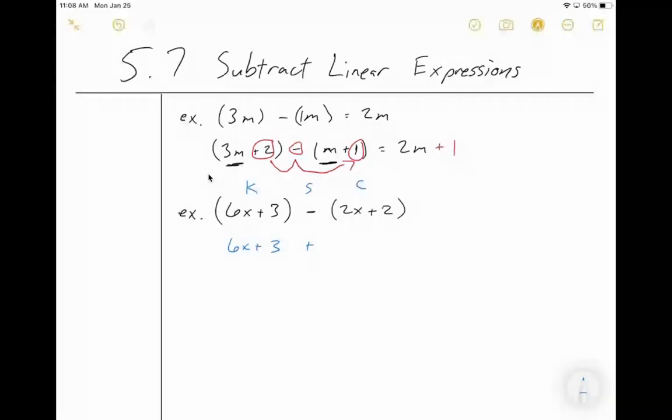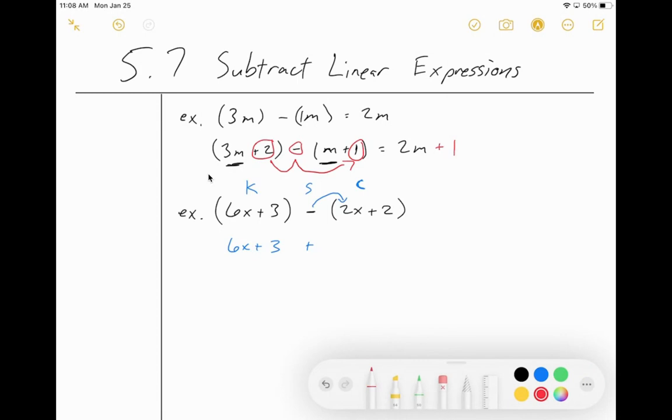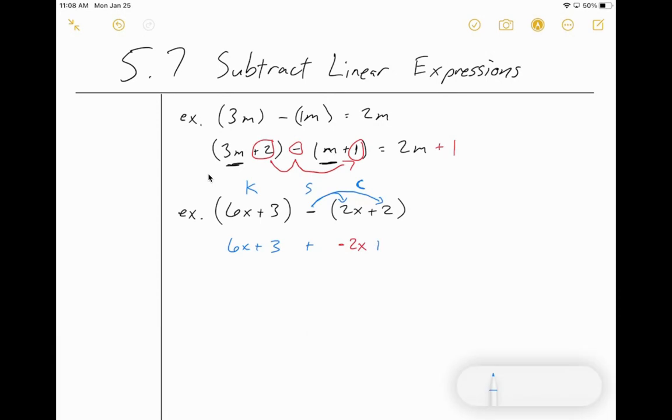Now here's the tricky part. I'm going to change, but I can't just change one thing. I got to change everything inside the parentheses. Another way you can think about it is this negative distributes into. So 2x now becomes negative 2x. And positive 2 now becomes adding a negative 2.